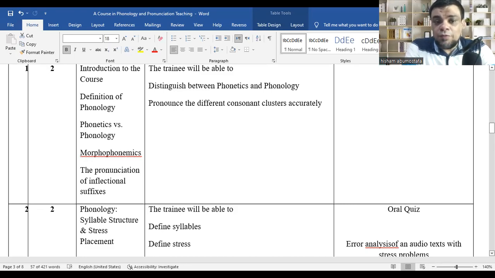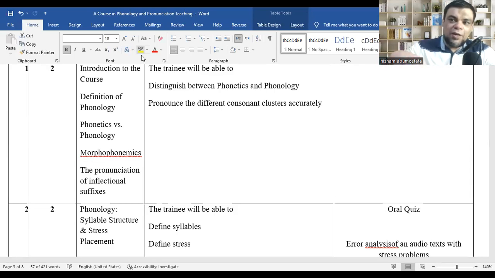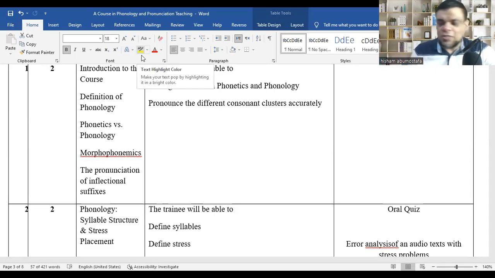The pronunciation of inflectional suffixes is actually very important, okay? And we're going to also discuss other consonant clusters, because this is important for us as non-natives. Sometimes we insert a vowel between consonant clusters because we are not accustomed to this way of consonantal clusters, okay? So we sometimes add vowels between the consonants to make it easier to pronounce.